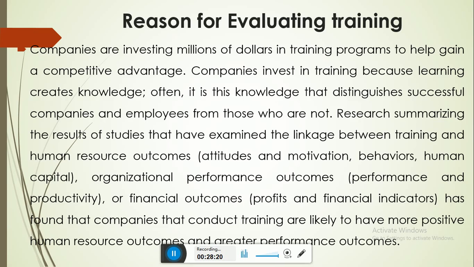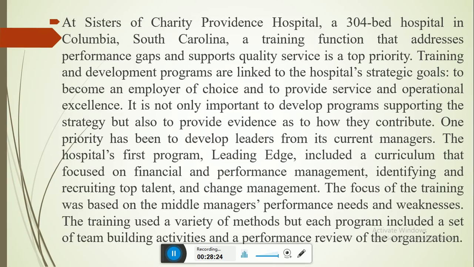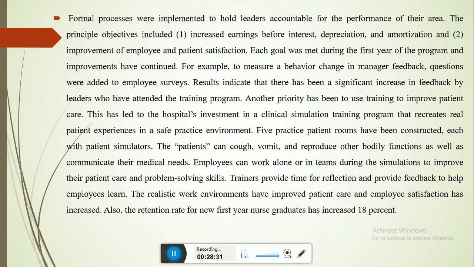So let me review what we have discussed. Training evaluation: we discussed the example of a hospital which has 304 beds. They were providing different types of training, targeting different aspects of the management.